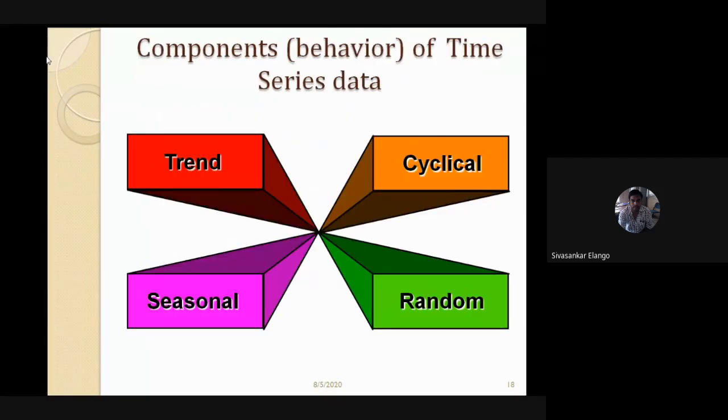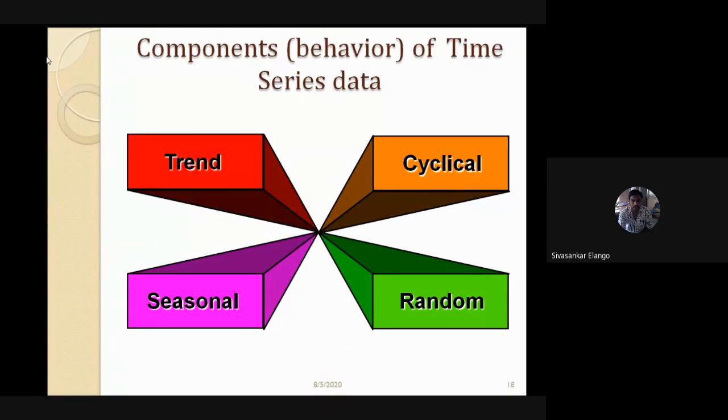Right? So the components of time series data are trend, cyclic, seasonal, and random. Whenever you have time series data, we need to look for these components. Trend: whether there's a positive trend or a negative trend, whether the sales are linear or non-linear. Cyclic: you need to look for wave-like patterns in the data.